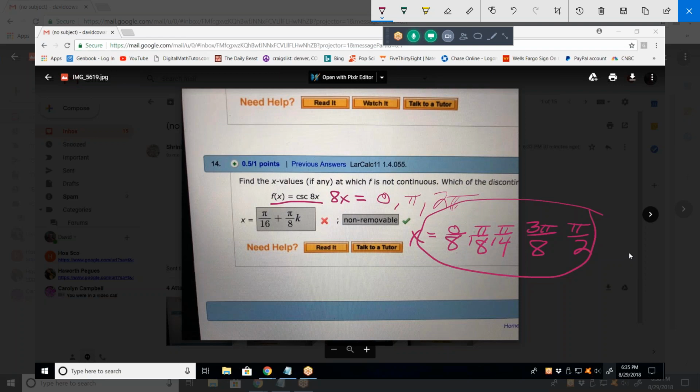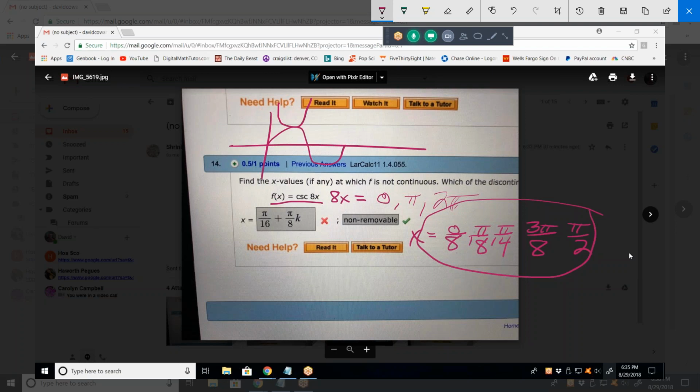The terminology here for discontinuities: you have jump discontinuities, non-removable, and infinite discontinuities. This is actually going to be an infinite discontinuity. If I plot the cosecant, the easiest way I find to plot it is to put it on top of the sine curve.